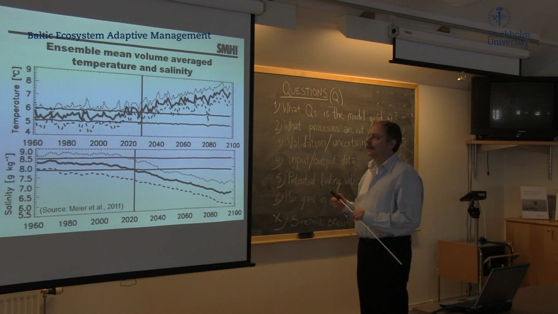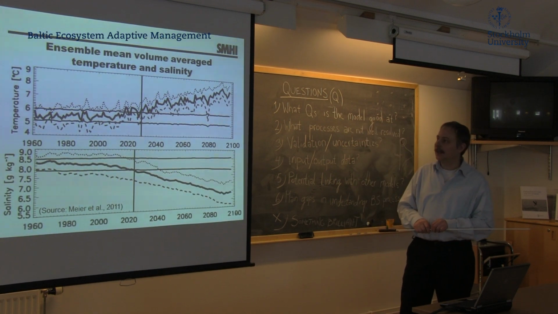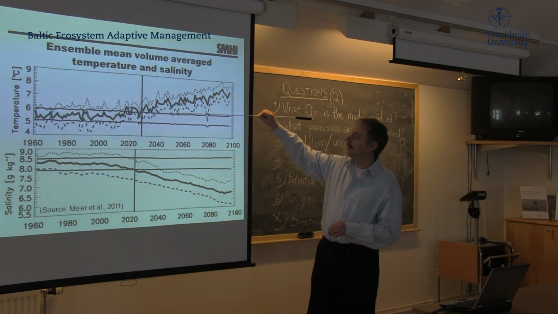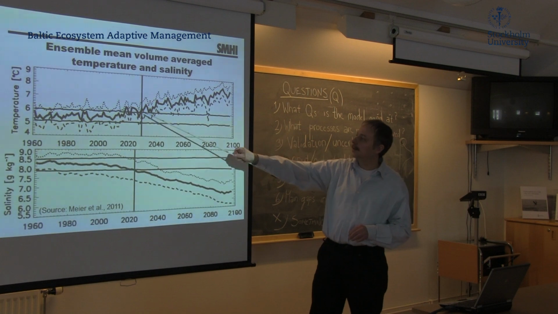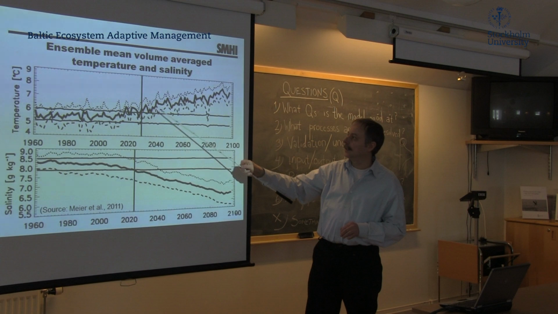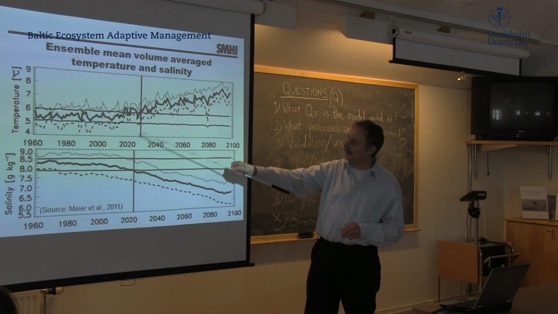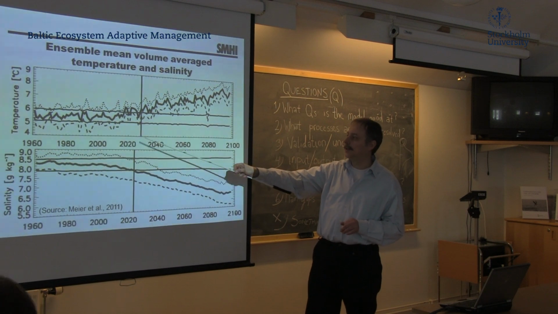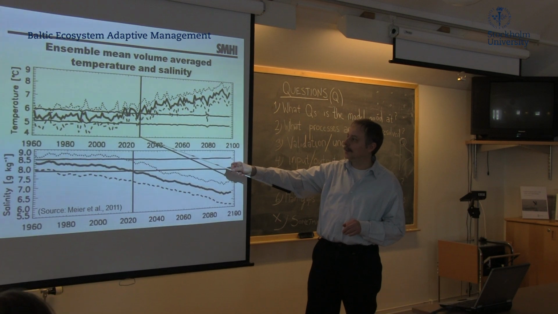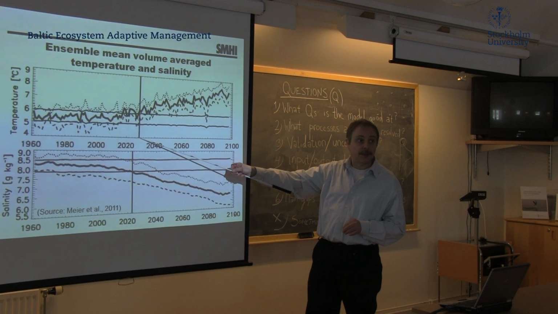Another question you can ask yourself, okay, when is the signal statistically significant? When are we out of the noise? And the significance intervals are the straight lines. And you can ask yourself, okay, when is the solid line here coming out of the range of uncertainty? Well, you can detect it with this model system, with these uncertainties and assumptions behind and the natural variability, earliest in 2013.